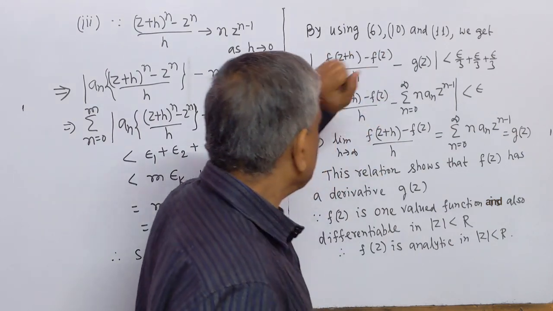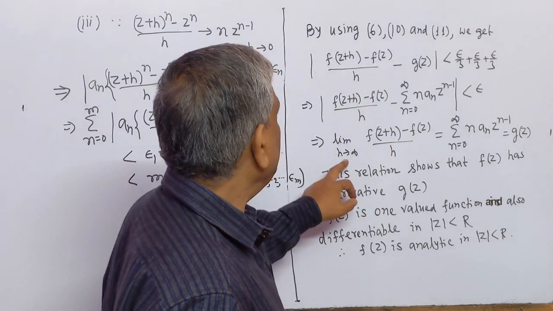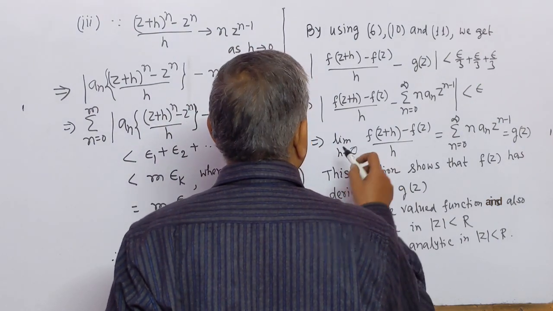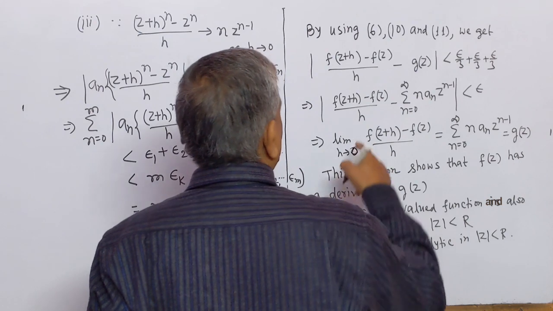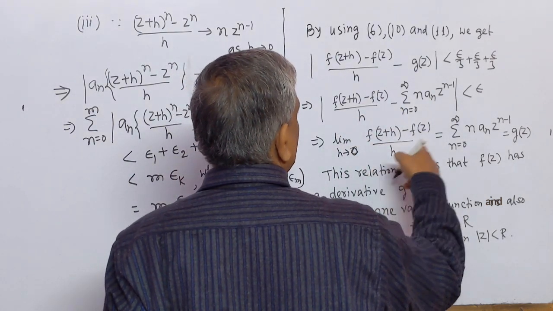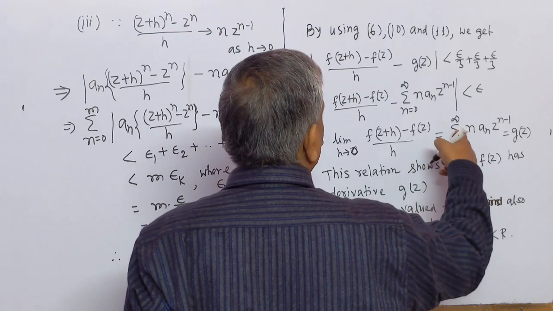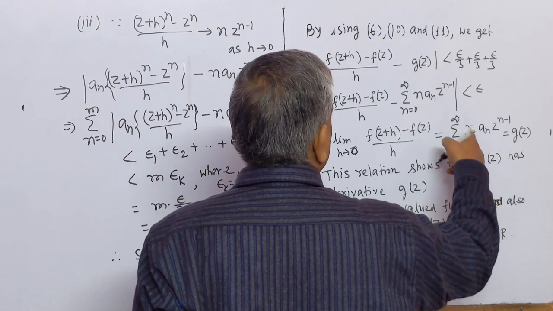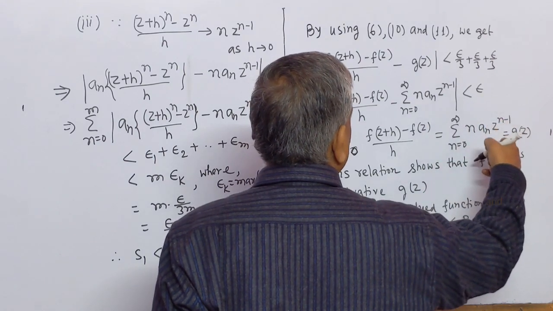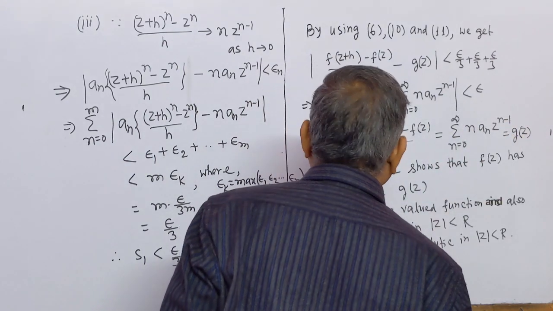We may write this as limit h tends to 0 of (f z plus h minus f z) by h equal to sigma n equal to 0 to infinity n an z to the power n minus 1, which is g z.